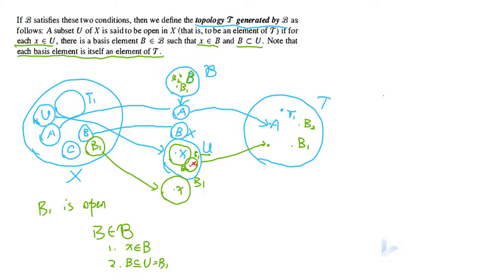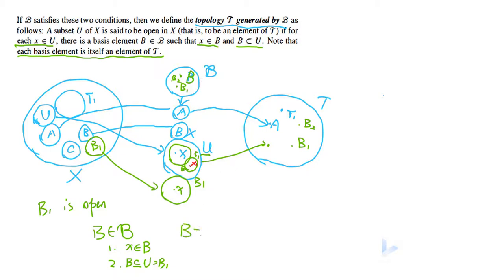So how can we find this B inside of this basis? If we can find this B, then this B1 is an open set. The answer is, of course, we can find the B in the basis, and this B is actually B1 itself.